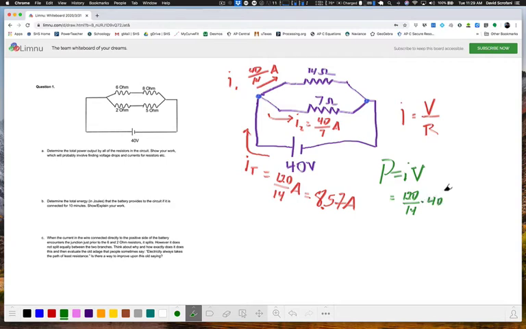And so all I have to do is multiply those two numbers by each other, and I will come out with 120 divided by 14 times 40, 343 watts. That is the input power, which, of course, as I said, must equal the sum of all the outputs from all the resistors. Maybe that makes it clear.